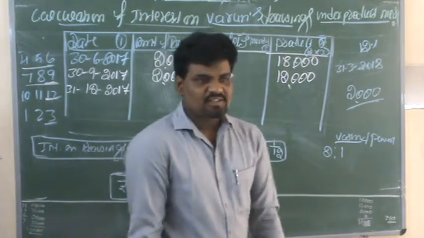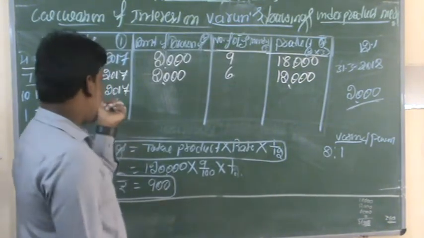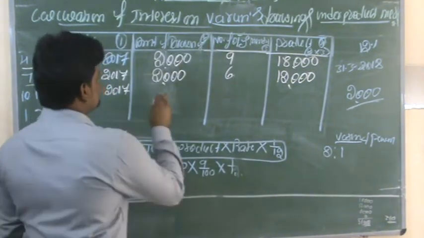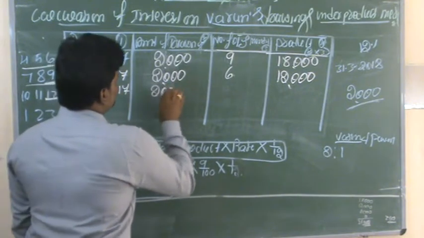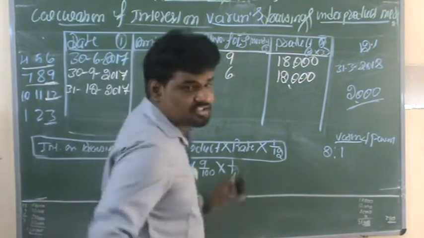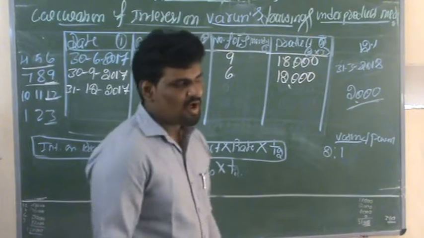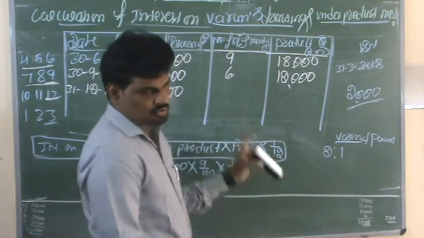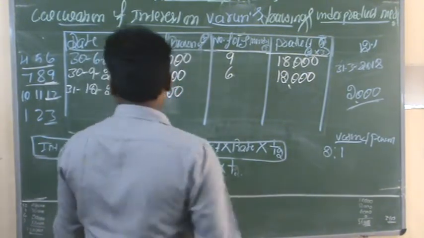This is the next withdrawal due date. On this date again they have a withdrawal. The amount is 2000. Here the amounts are constant. There is no change. Every quarterly they are withdrawing rupees 2000 only.